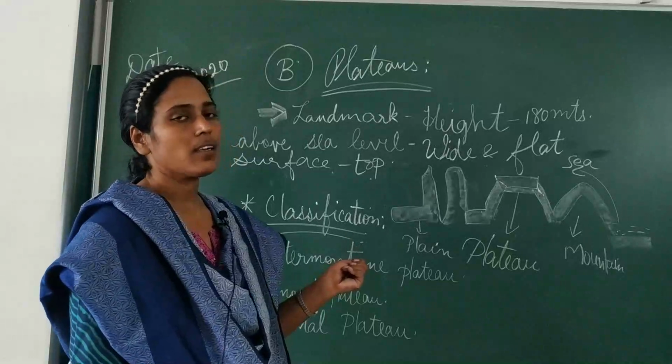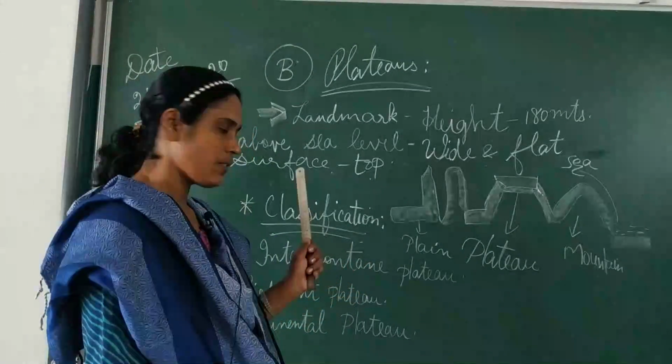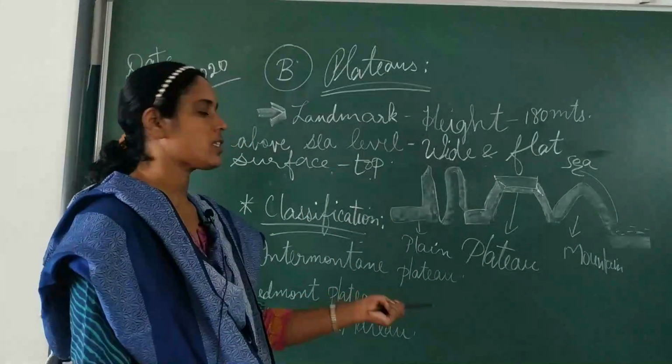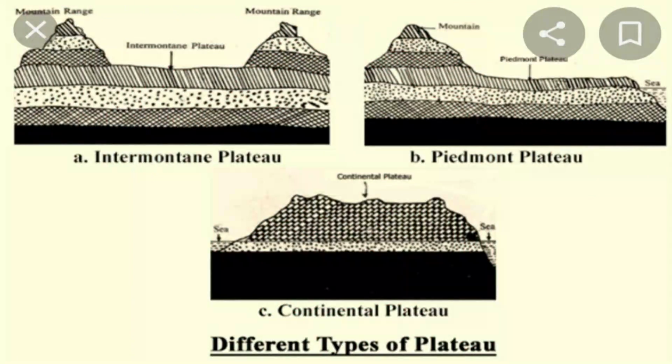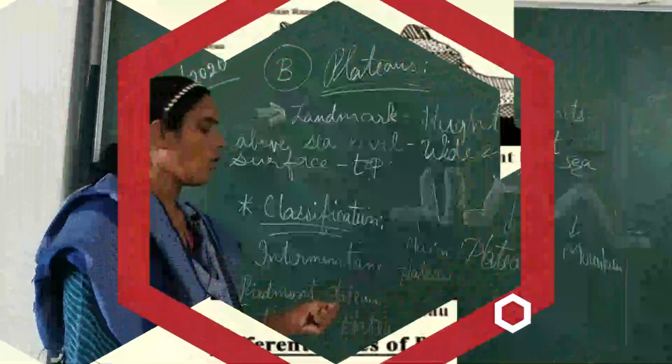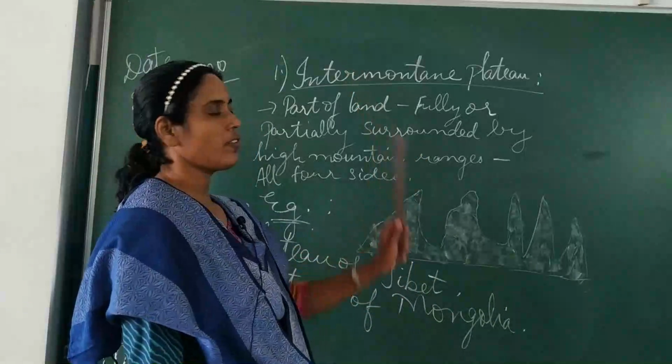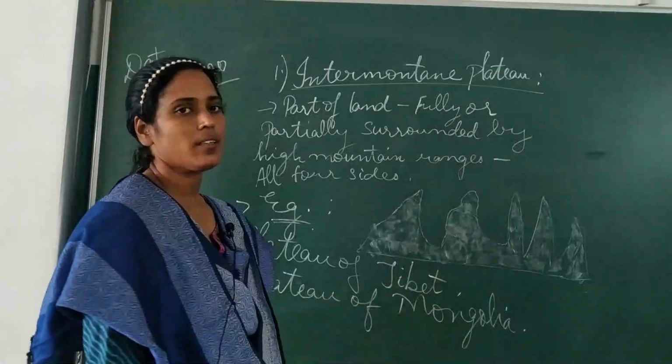Now there are different categories of plateaus also. The classification: the first is intermontane plateau, the second is Piedmont plateau, and the third is continental plateau. We'll be studying all 3. The first one is intermontane plateau.